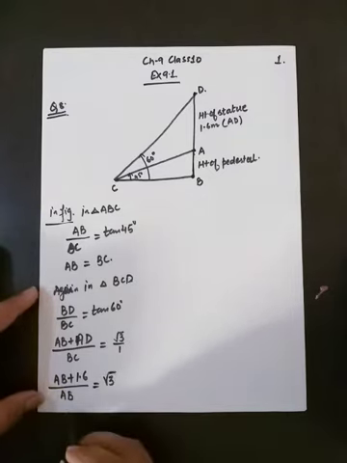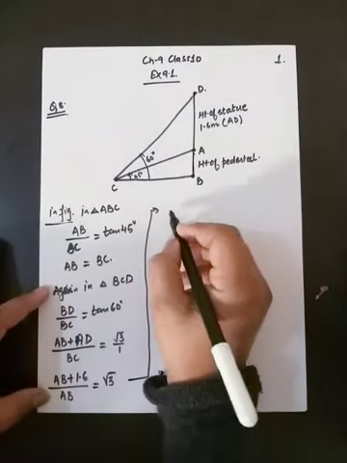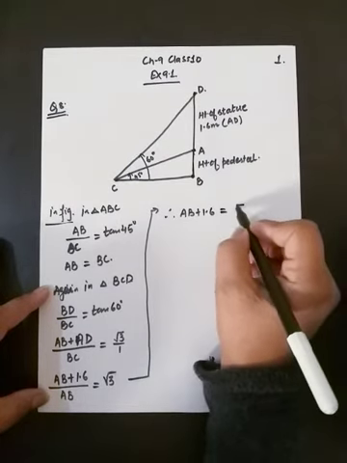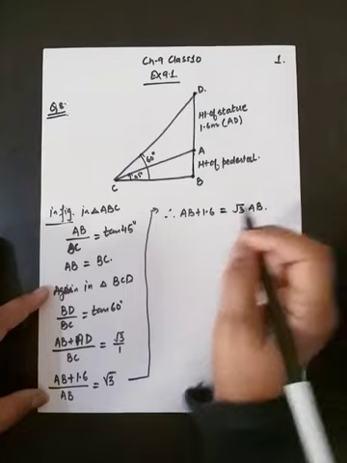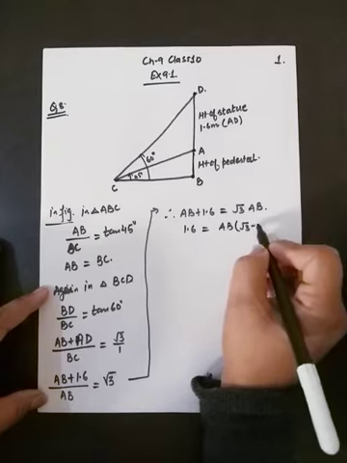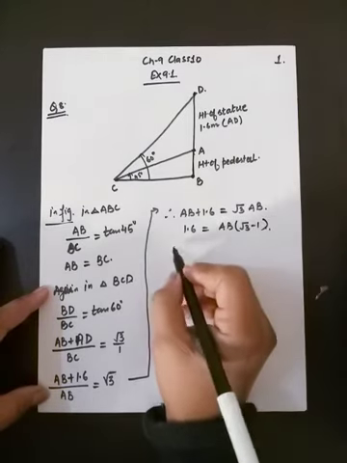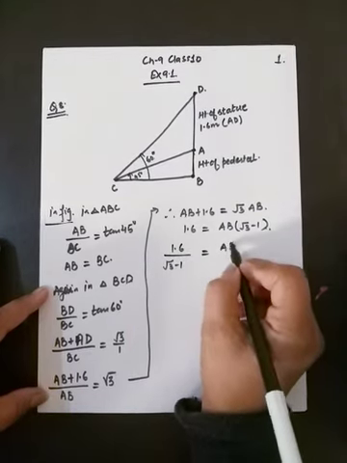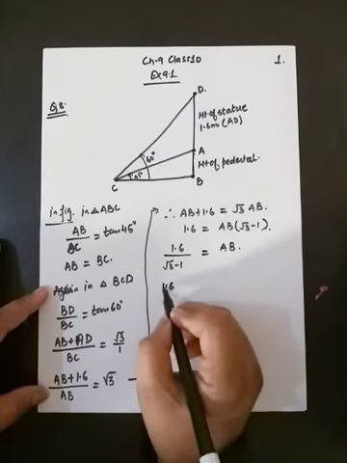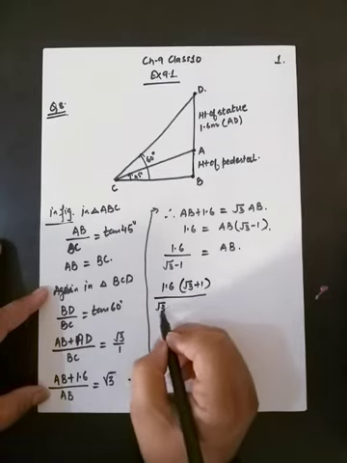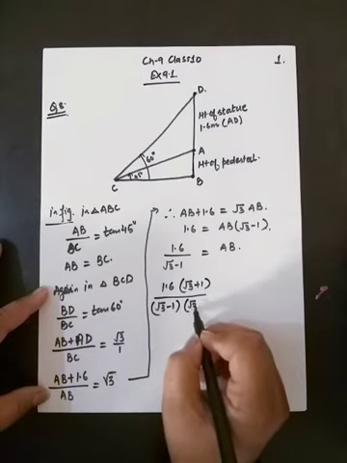Now we have an equation in AB, so we can solve it. Therefore AB plus 1.6 is equal to root 3 AB. Now 1.6 is equal to AB into root 3 minus 1. This AB will be shifted to this side: root 3 minus 1. Now rationalizing it, we multiply numerator and denominator by root 3 plus 1.